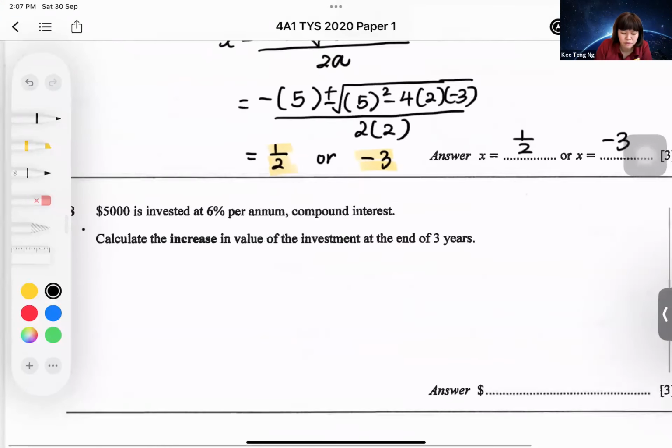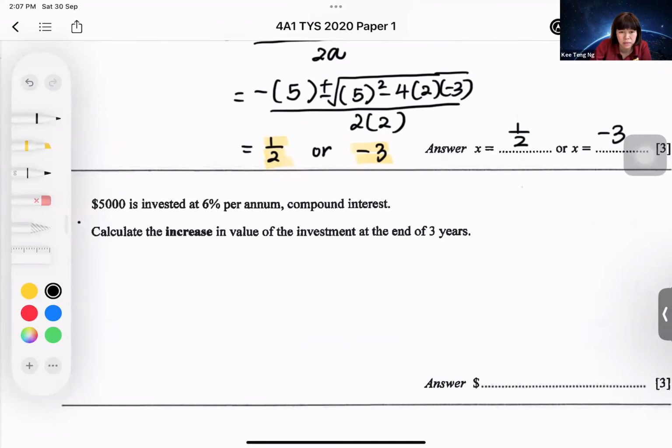Question number 8. $5,000 is invested at 6% per annum compound interest. There is a formula on your formula page, compound interest. Refer to that. So total amount, compound interest always start with the left-hand side and the right-hand side. Formula has two sides, right?